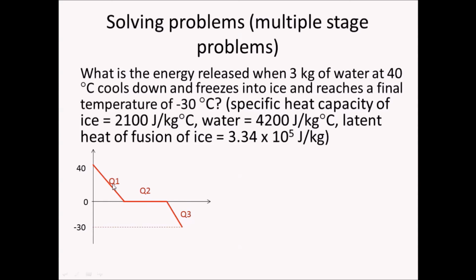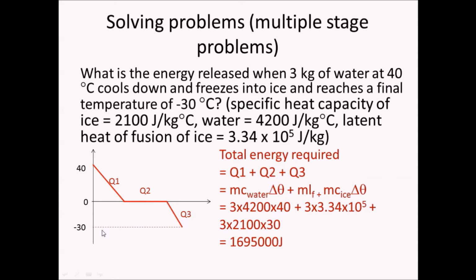So let's work out the answer now. It is going to be the addition of 3 stages, but you have to be a bit careful here. Although their masses are the same, the specific heat capacity of water and ice are different. So you need to specify your symbols well. Apologies, delta theta is also different, so you need to also specify the delta theta well.